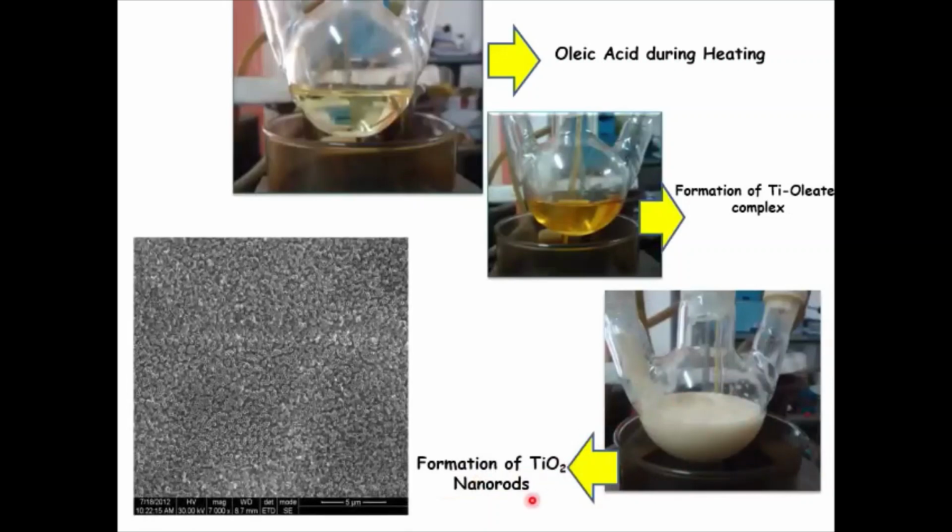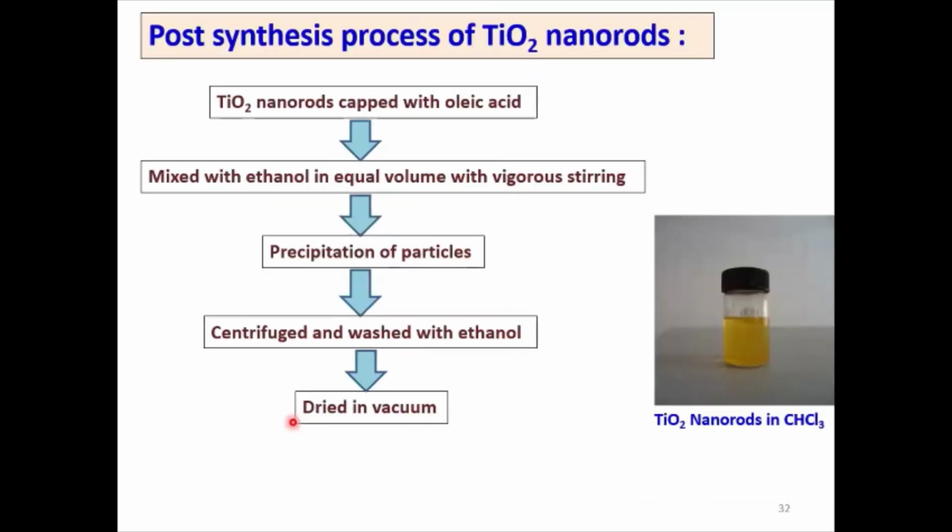Once you make it precipitate, it gives you rods on the substrates, glass substrate, whatever substrates you want to have. This is titanium oxide nanorods, uniformly distributed, uniform size nanorods. Aspect ratio is very, very small, but still rod-like titanium oxide.